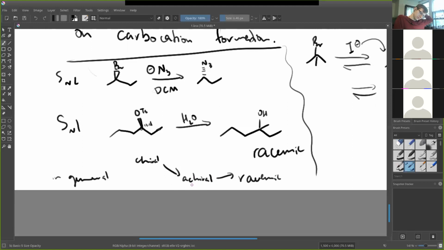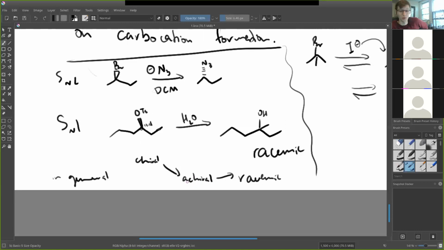So what would be the advantages of wanting to choose SN1 if you're not in control of the stereochemistry, as you would be in SN2? Or at least you can know what you'd get out for SN2. Yeah. SN1's not a great reaction.